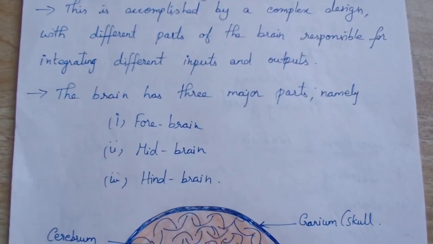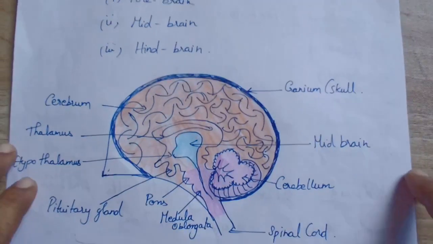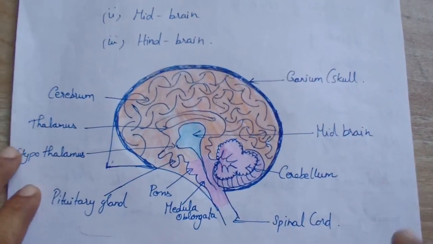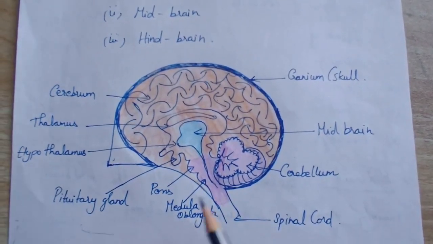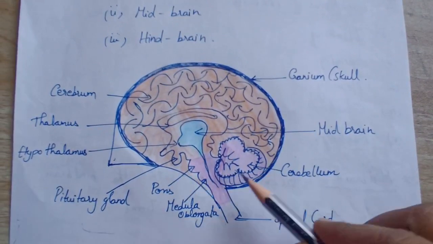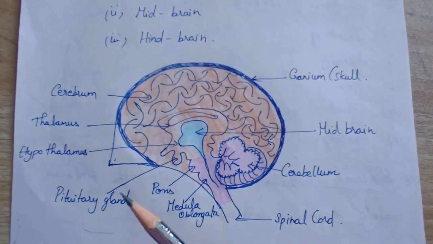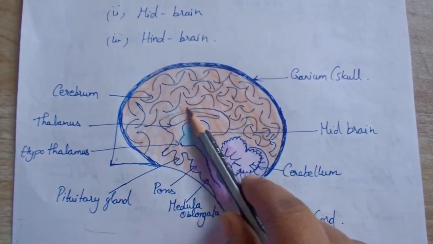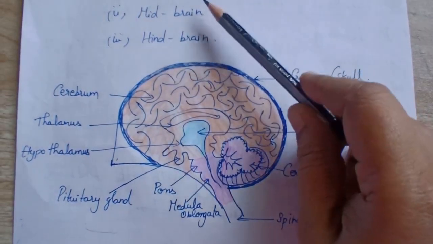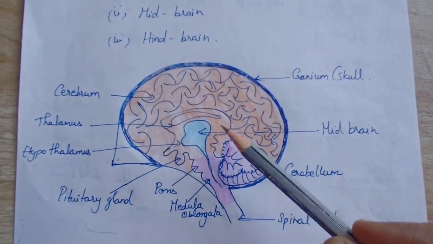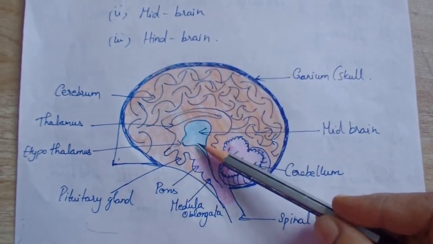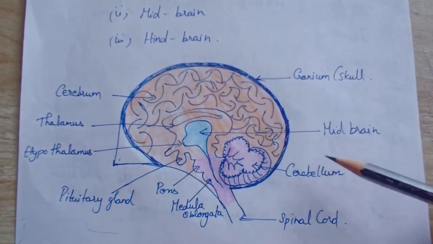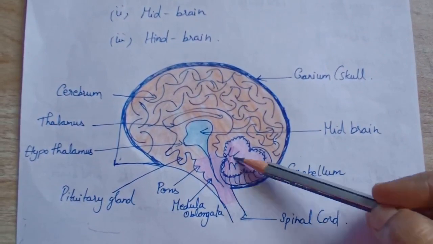So this is the human brain. To differentiate the parts, I have colored them in different colors. The orange color present here is your forebrain. This blue color part is your midbrain, and this purple color is your hindbrain.